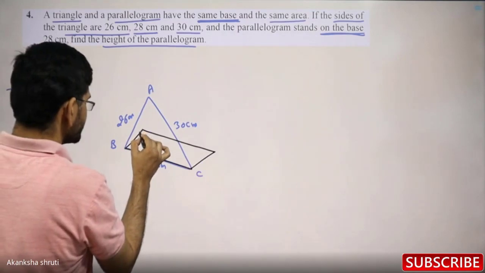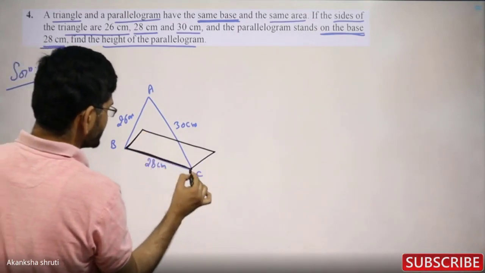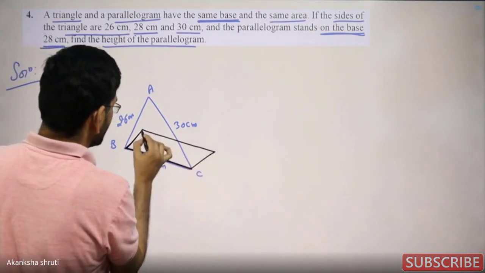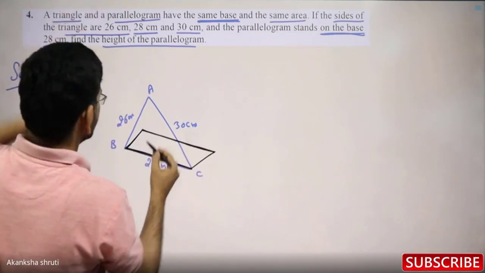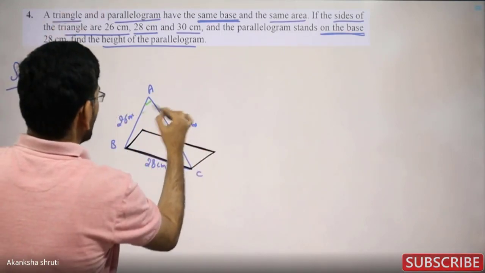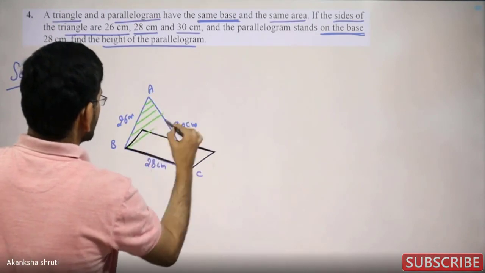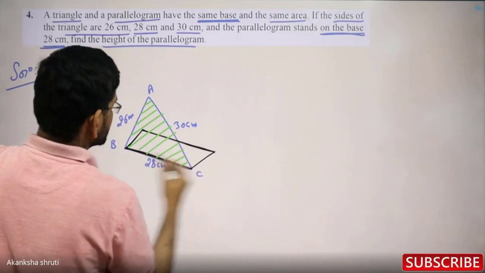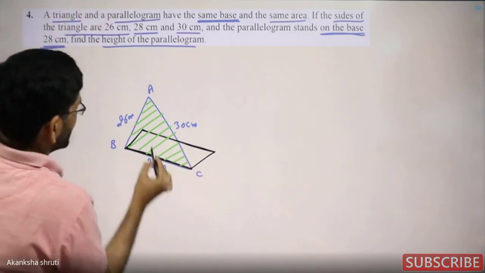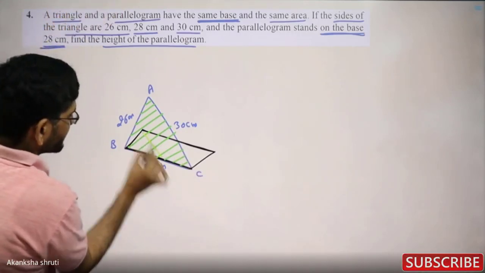Students, it is given that the area of this triangle is the same as that of the parallelogram. It means whatever area of this triangle we can get, that will be the same as that for this parallelogram.